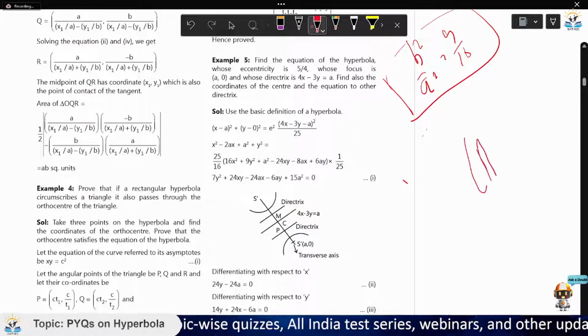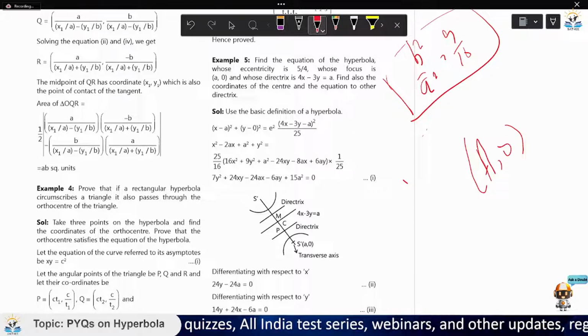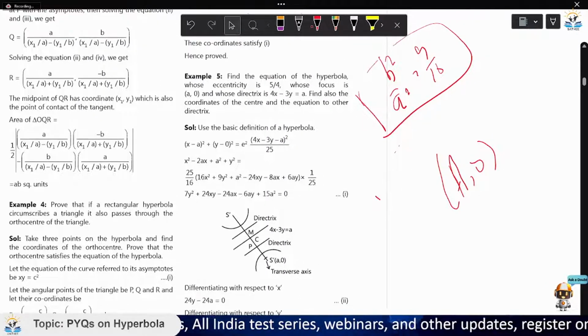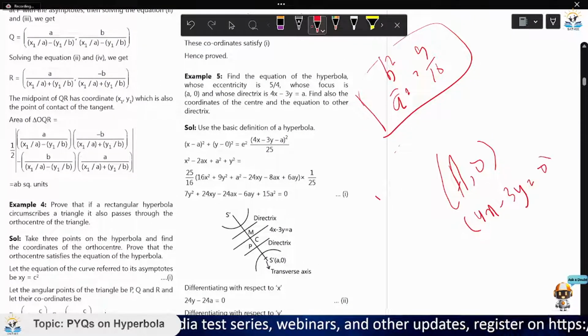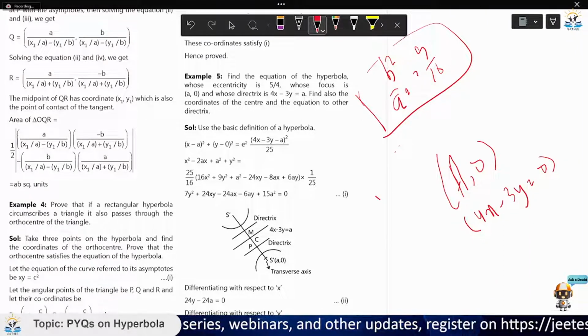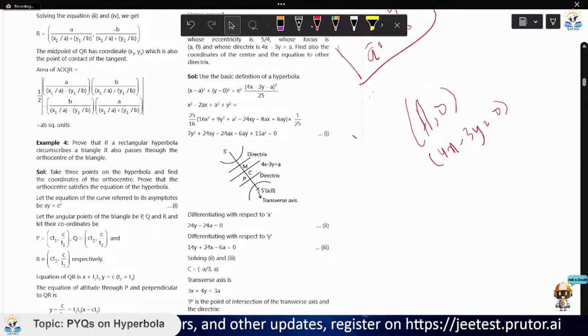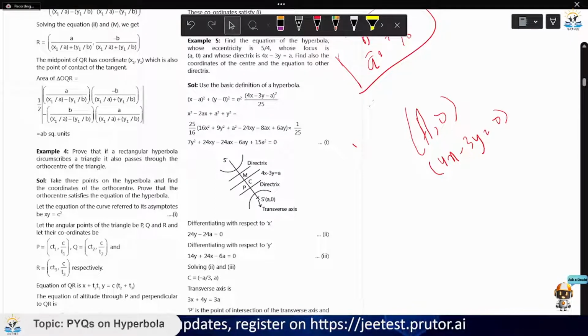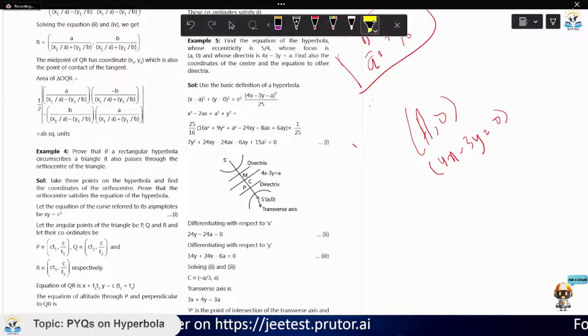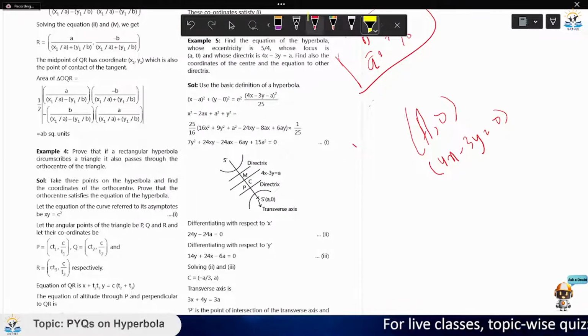So our focus is basically capital A comma 0, and the directrix is 4x minus 3y equals A. So we know that the distance between the directrix and the focus is what is it? It is e squared times, right? So again, I'm taking inspiration from the solution itself. The solution is taking the focus as the fixed point and the directrix as the line from which they have to calculate the perpendicular distance, right?